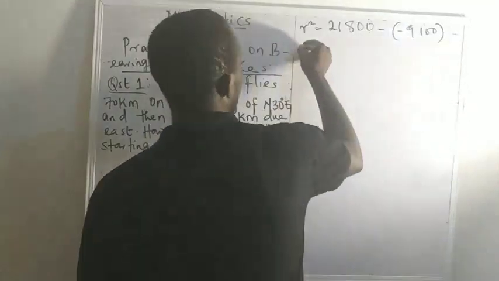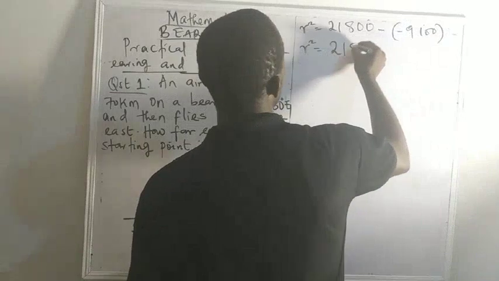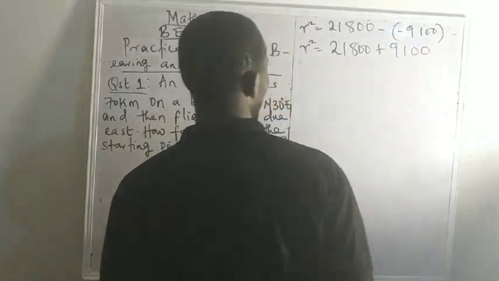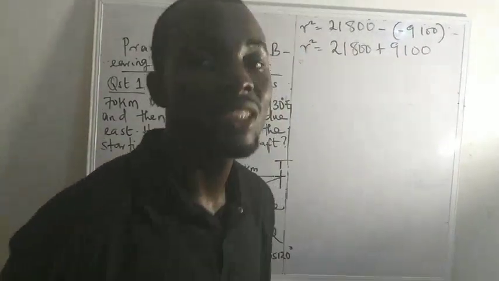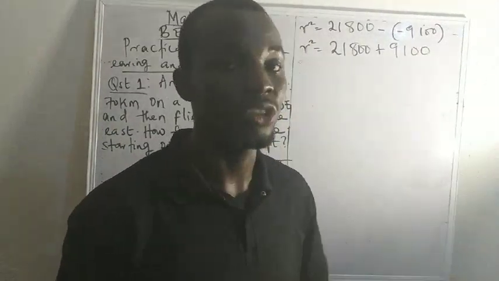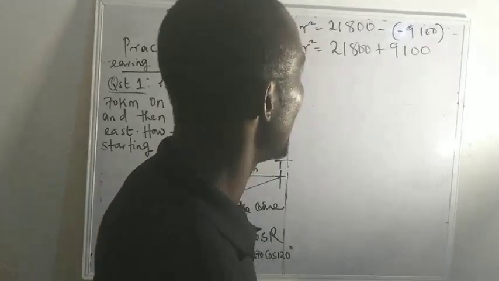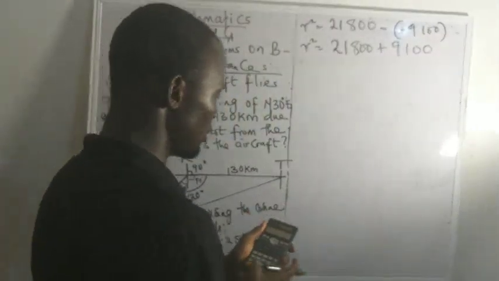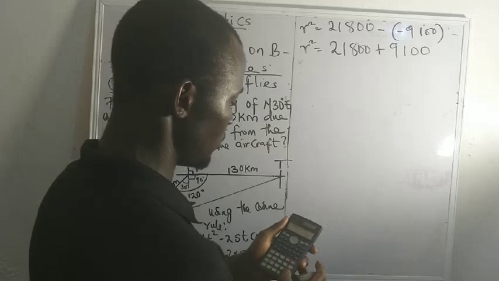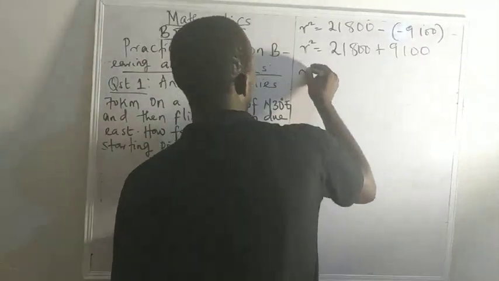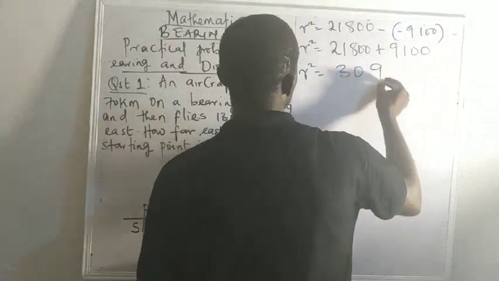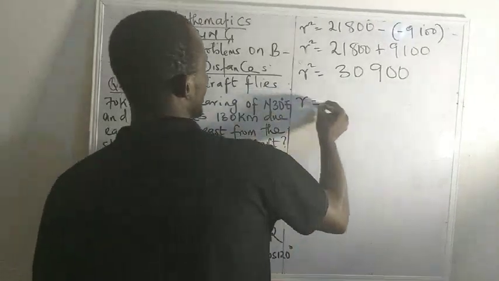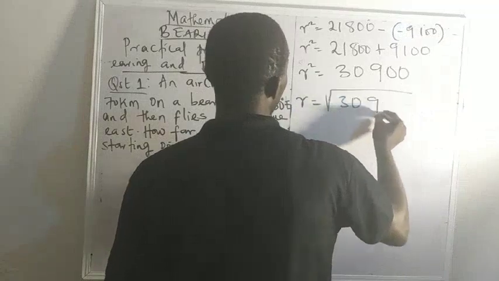So from here I have my r squared to be 21,800 plus 9,100. The cos of an angle in the second quadrant is going to be a negative value. So our r square here, let's do 21,800 plus 9,100. That is our r square equals 30,900.